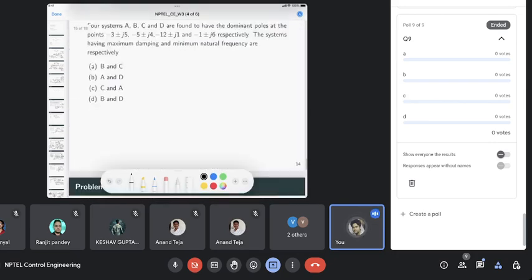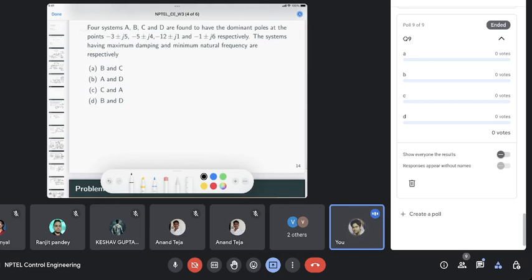Okay, I can also write this, not a problem. So for each system, first I will write damping and omega n, and you can just verify. For A, the pole location is minus 3 plus j5.